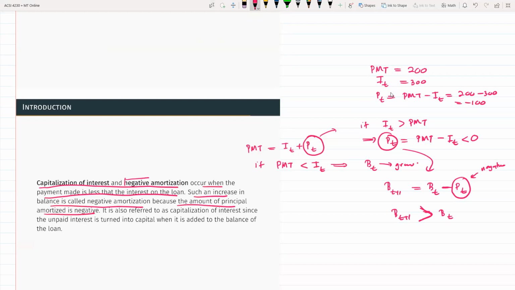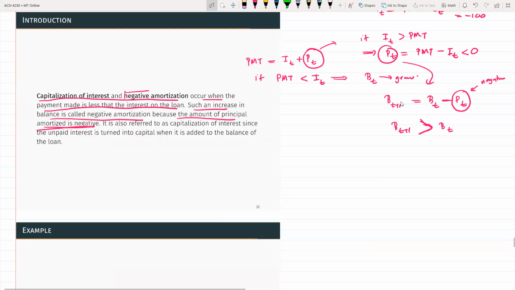Now suppose your previous outstanding balance is $2,000, and the new one, the method is basically BT minus PT, which is 2,000 minus negative 100, that is 2,100. So it's bigger than the previous loan balance. That's why it's called negative amortization, since the principal amount amortized is negative. So this is what happens when you pay less than interest due.